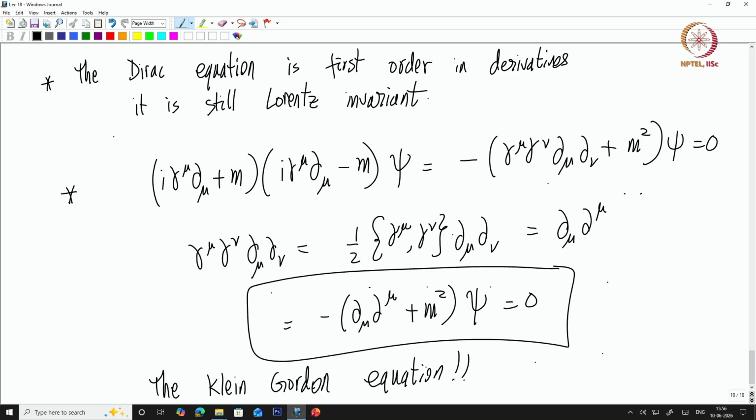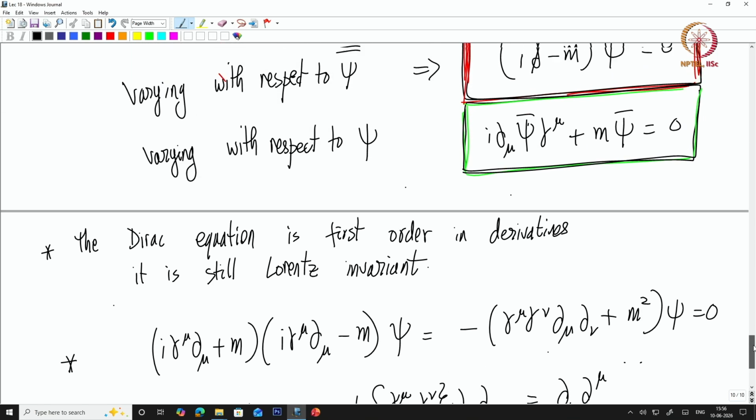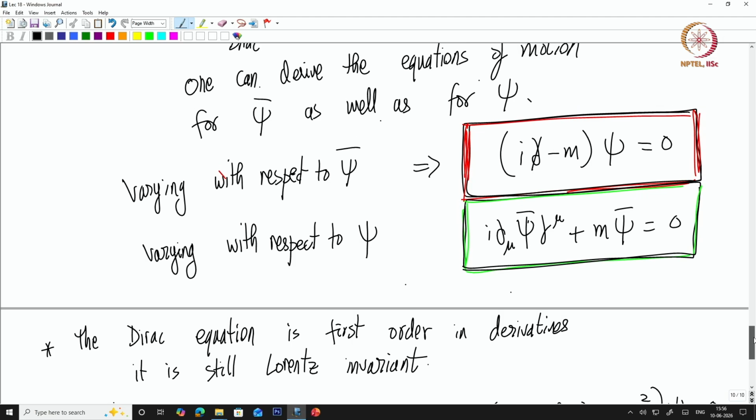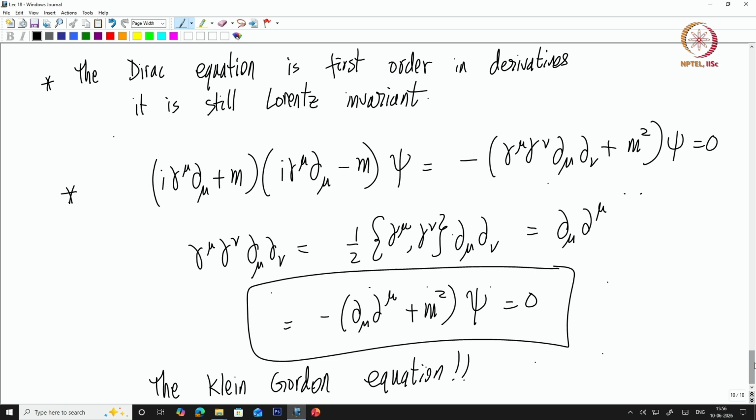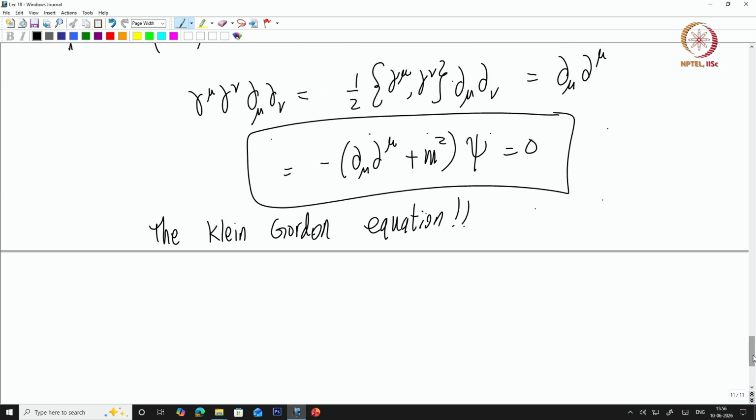Let me just clarify a little bit more. This is the Klein-Gordon equation. Now, just a few more things about the Dirac equation. I will come back to this in a second, but let us see this one: (i del slash minus m) psi.